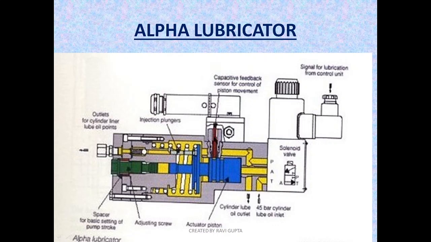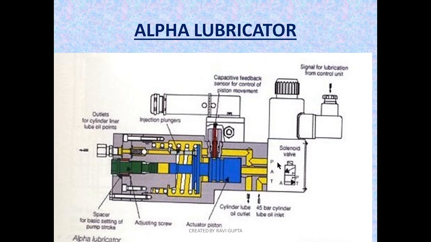Not only this, whenever a lubricating quill gets activated, an individual quill feedback sensing unit is provided, which glows green, showing that lubrication is being carried out.